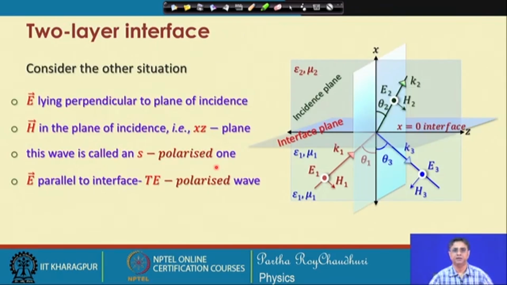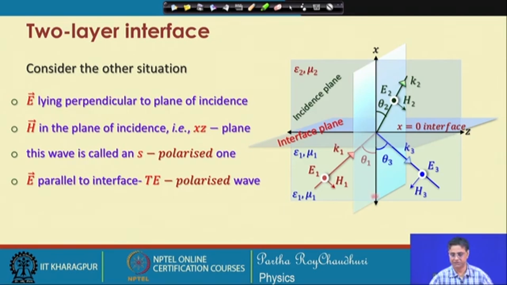There could be another situation, just complementary, that now the electric field is perpendicular to the incidence plane, that is the plane of incidence, that is the vertical plane, that is out of the paper, and magnetic fields are lying in the xz plane.